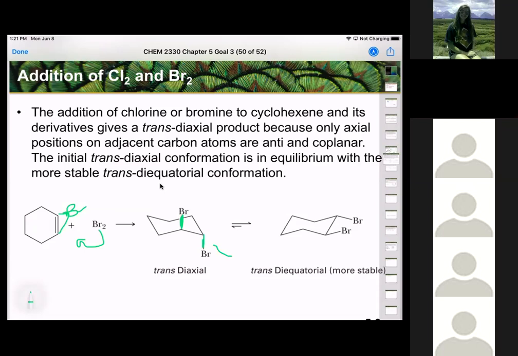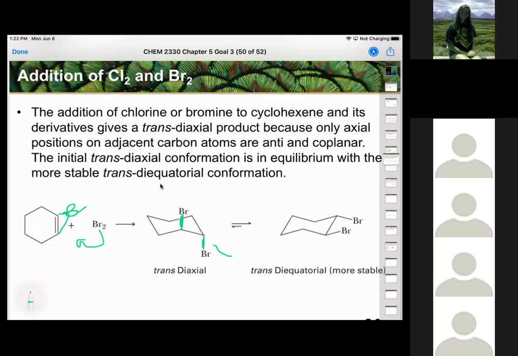But as we know, having the largest groups in those axial positions is not the most stable way to have them on a cyclohexane. So it's going to go ahead and flip till it has the two big groups in its equatorial positions. And so those bromines are still trans to each other because of the way they added.